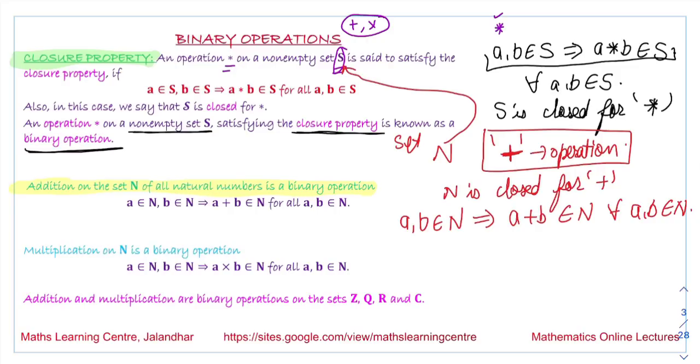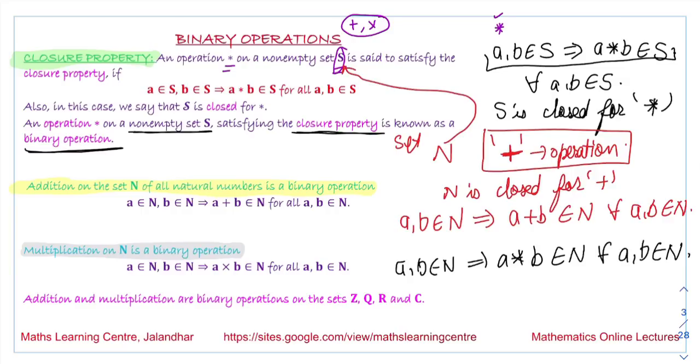Next, multiplication on N is a binary operation. If we consider A, B belonging to N, then the product of two natural numbers is also a natural number, and this holds for all natural numbers.